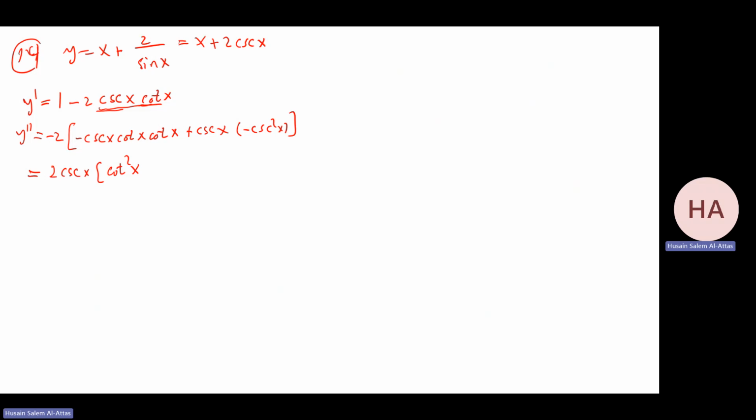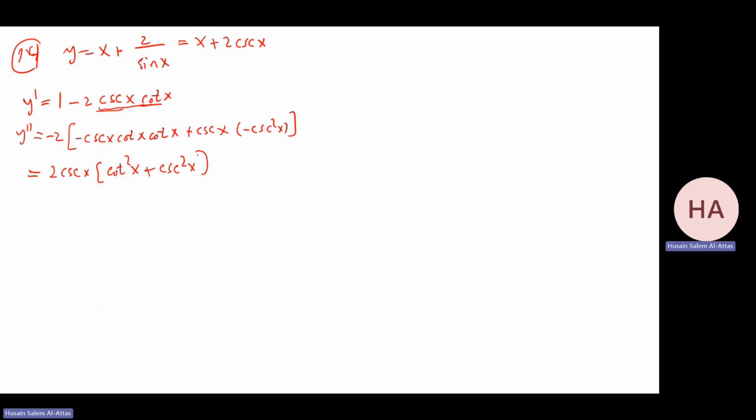It will be cotangent squared. I took 2 cosecant outside, and the remaining is cotangent squared plus cosecant squared.